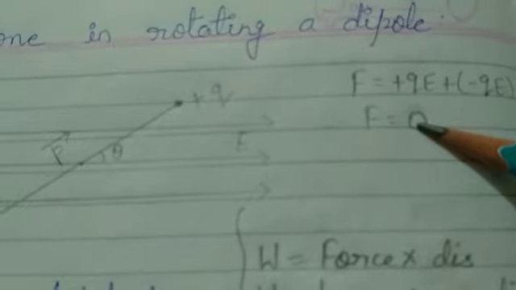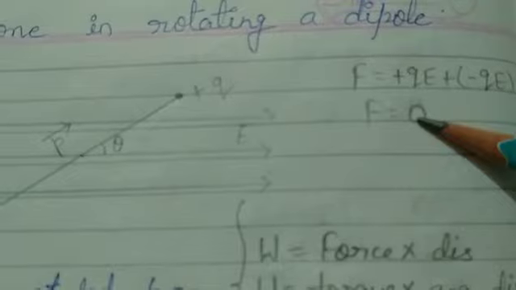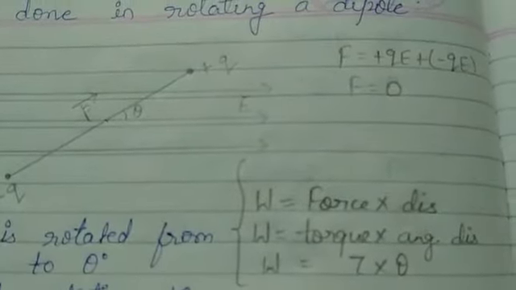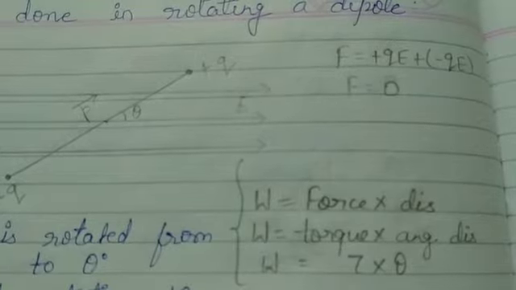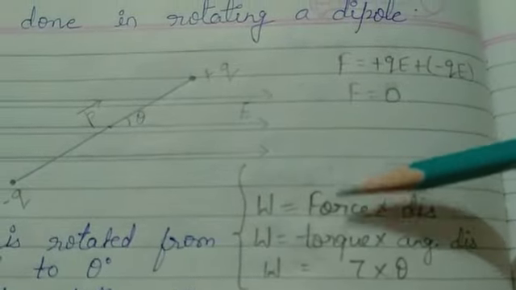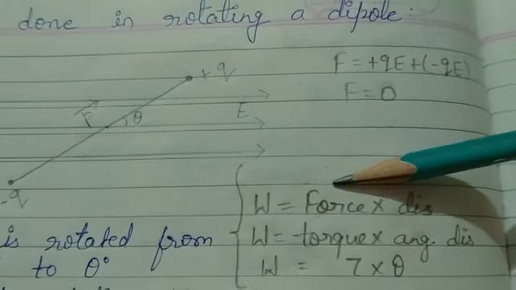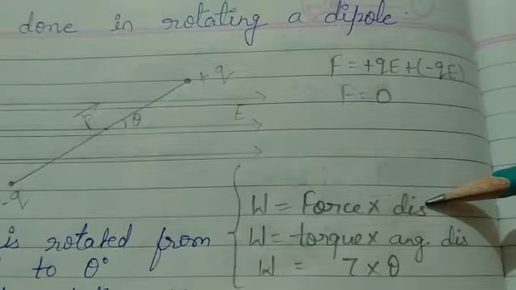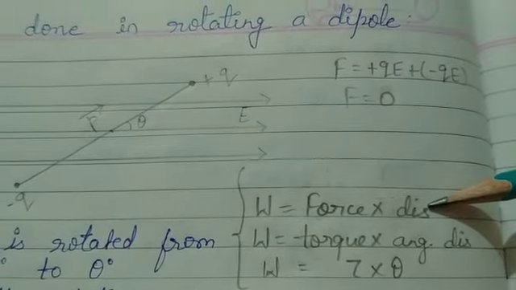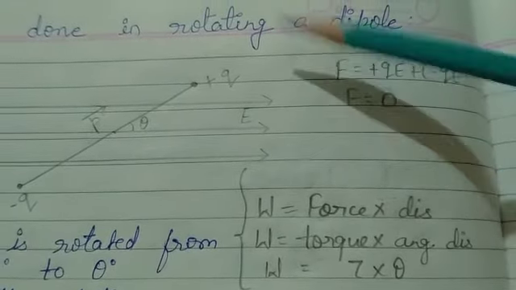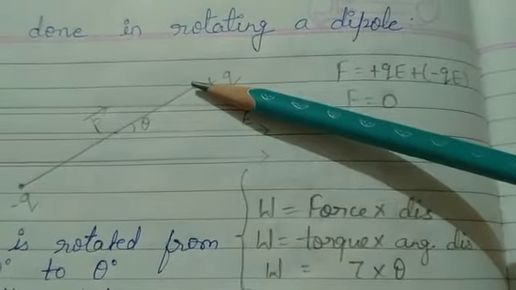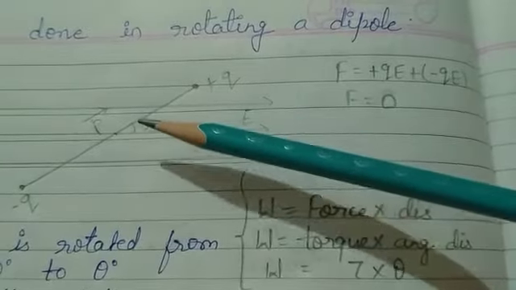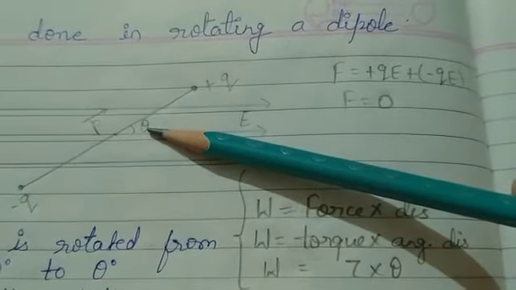Linear force is 0, but because both the forces are working in opposite direction, one torque will be produced. So in linear motion, work equals force into displacement, but here linear motion is not there. Rotation is there, and in that rotation when the dipole moves, the angle will be changing.